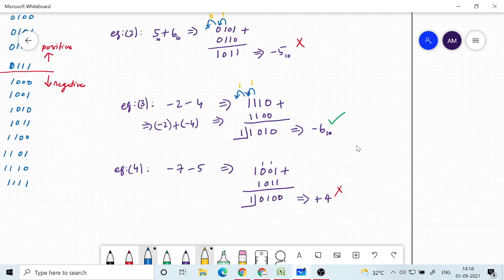Then the last case, when you added here, there was no carry. So here there was no carry, and then here there was a carry. So this is basically no carry and carry.